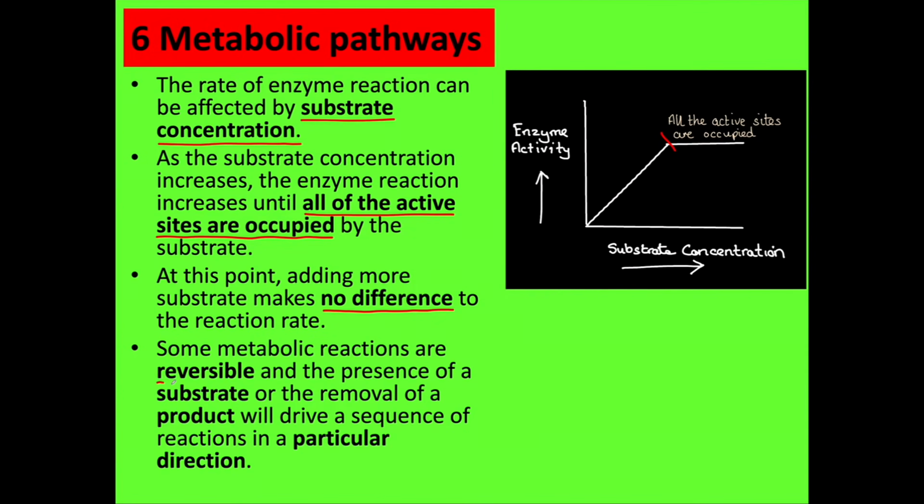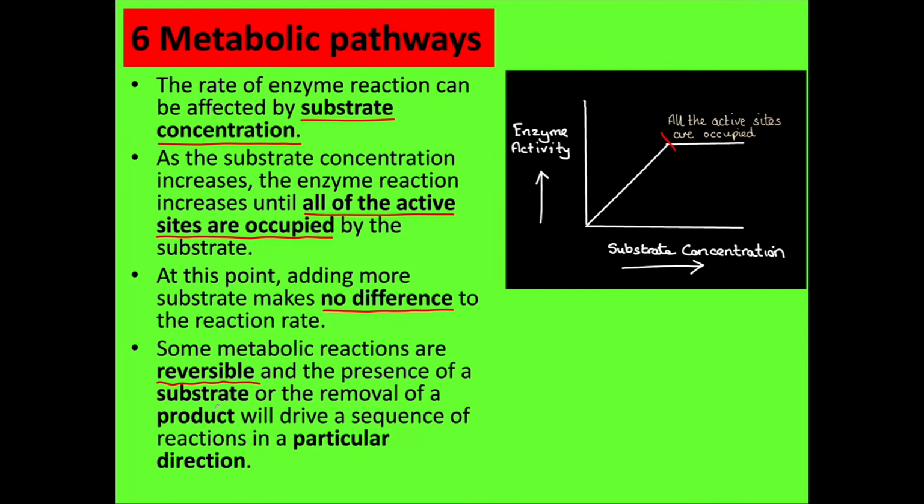We spoke about this earlier on, okay, that word reversible, which means that the product can be reverted back to the substrate. Okay, we can reverse that reaction. And the presence of a substrate or the removal of a product can drive a sequence of reactions in a particular direction. So, for example, in something like aerobic respiration, the presence of glucose will drive aerobic respiration.